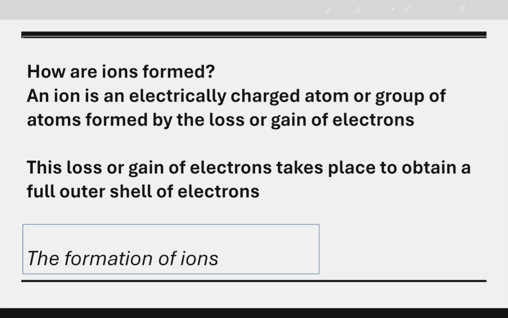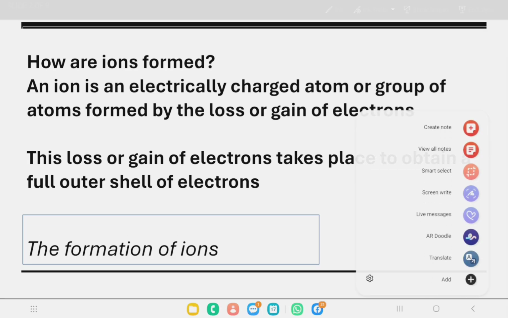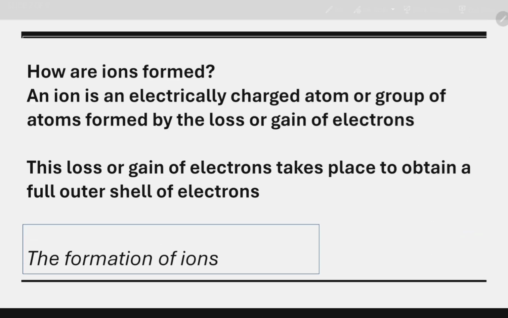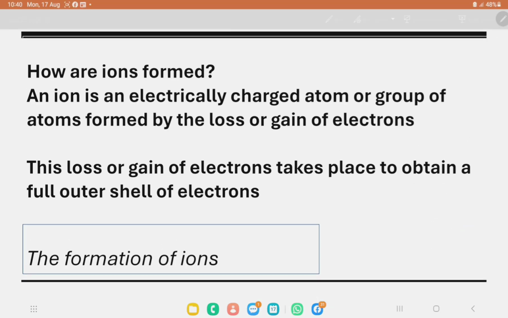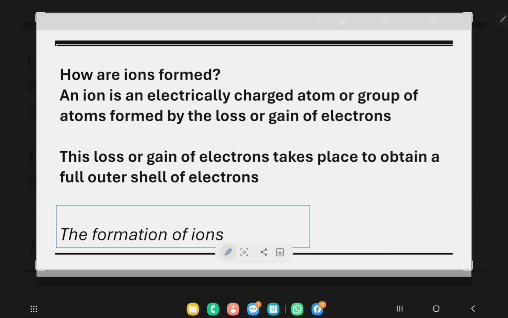Before we dissect how ions are formed, let's first of all understand what an ion is. An ion is an electrically charged atom or group of atoms formed by the loss or gain of electrons.